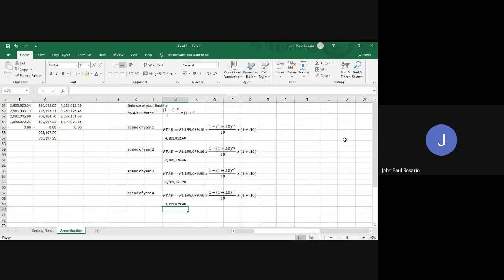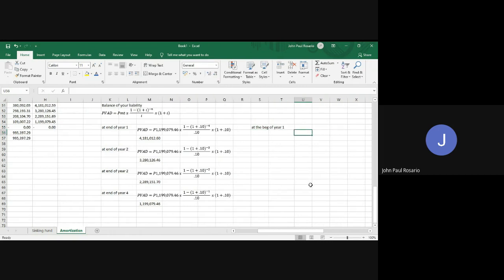Now, what if the question is about interest expense? If the question is interest expense, we first have to compute the balance of our liability at the beginning of the period, at the beginning of year 1. For year 1, the formula is different. This would be just your liability or principal less payment.